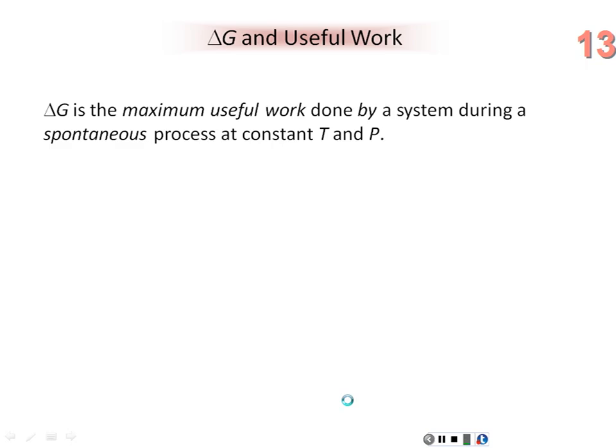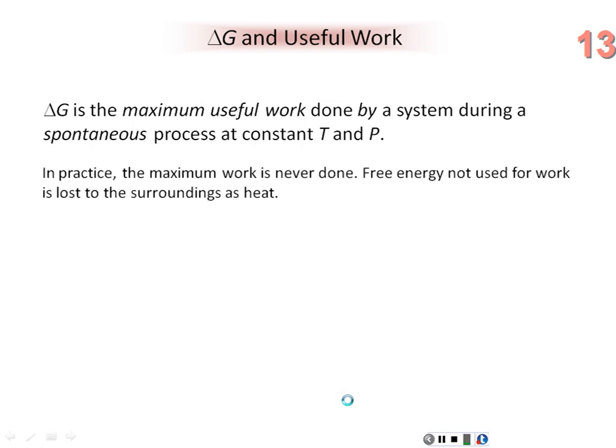So when we talk about delta G and useful work, delta G is the maximum useful work done by a system during a spontaneous process. In practice, the maximum amount of work can never be done. There's always going to be energy losses.